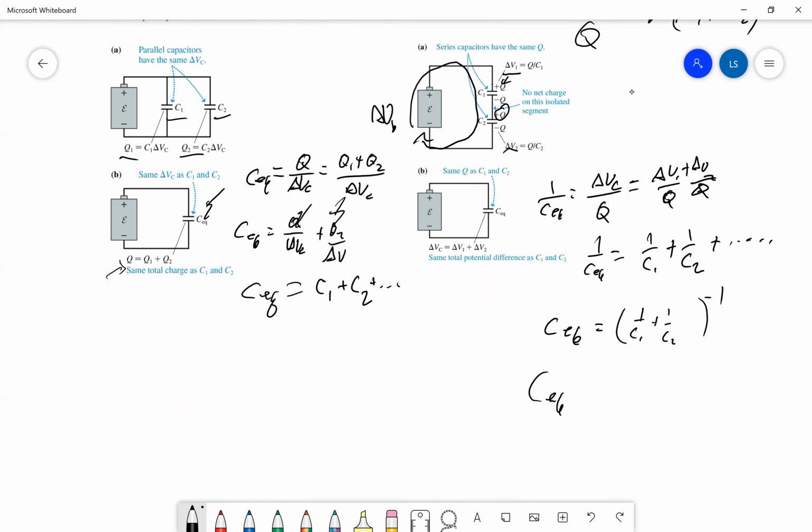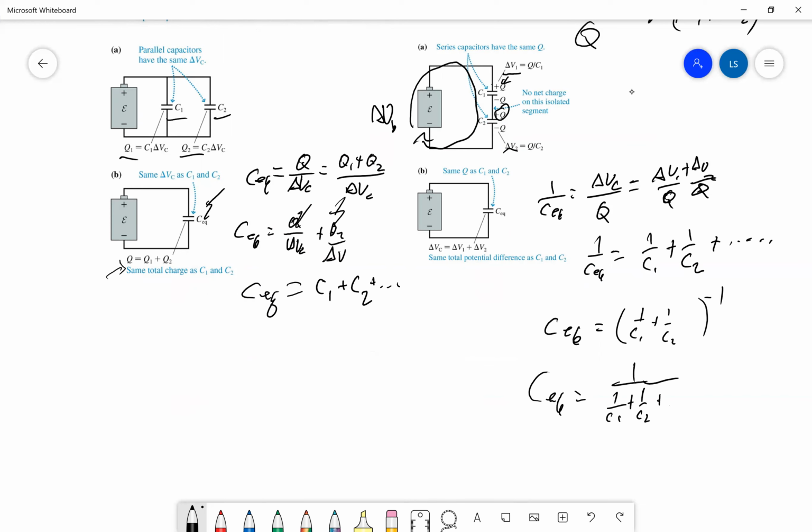Okay, and we're going to use this when we start analyzing simple capacitor circuits.